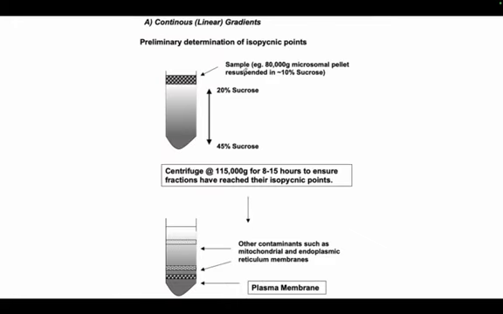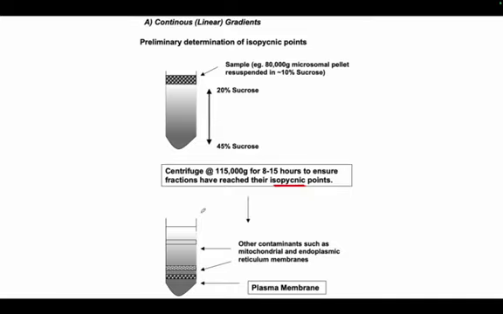Okay. So it looks something like this. You'll make your gradient, add a sample on top, and centrifuge for 8 to 15 hours, to ensure fractions have reached their isopycnic points. Isopycnic is equal density. Reach the point where density is equal.